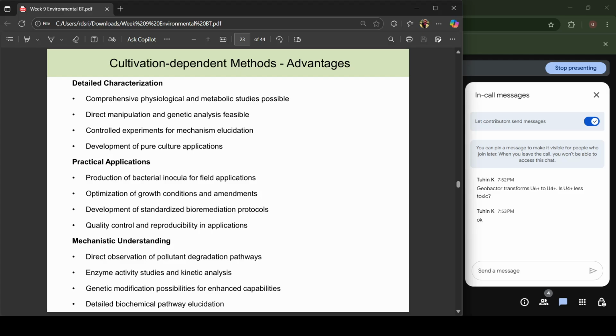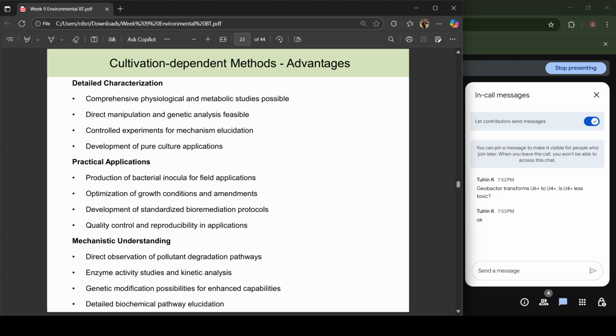Like we saw, some genes can be non-functional, which we can functionalize, or we can insert some other advantageous genes from other organisms through metabolic engineering, and this genetic modification will again serve as a great addition to enhance the degradation process.